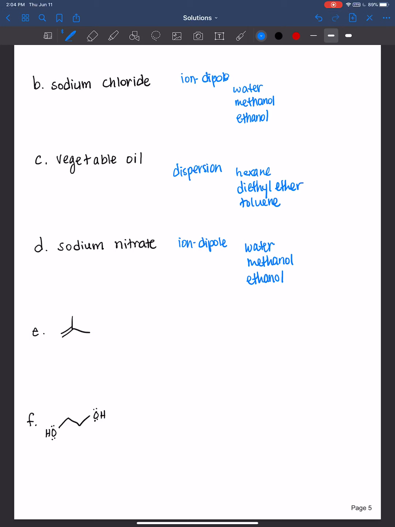All right, part E, we have this alkene here, and its dominant intermolecular force is dispersion because we have a bunch of carbons and hydrogens, which are nonpolar covalent. Although having that double bond and those pi electrons can introduce a little bit of polarity, but overall it's pretty nonpolar. And so therefore we would look at those nonpolar solvents like hexane, diethyl ether, and toluene to help dissolve this particular alkene.